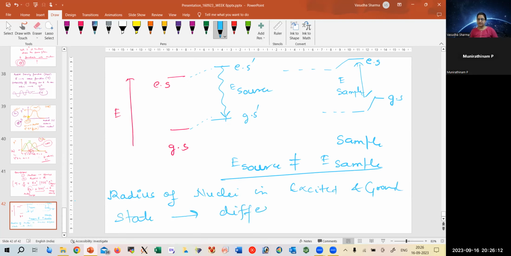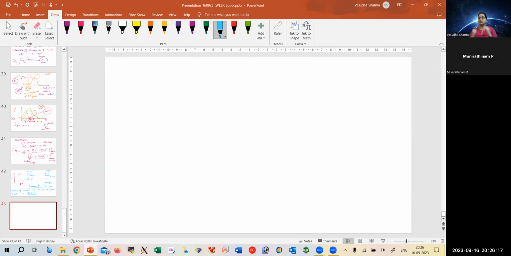They are not the same. So there is one quantity with the help of which we can quantify the change in the energies of both sample and the source. So we have delta E is equal to 4 by 5 Ze square r square delta r by r.